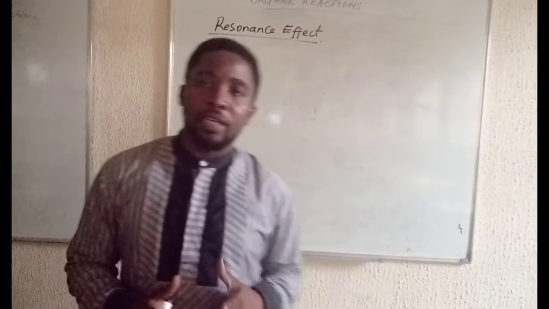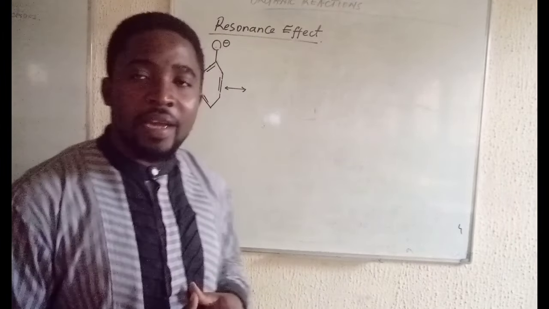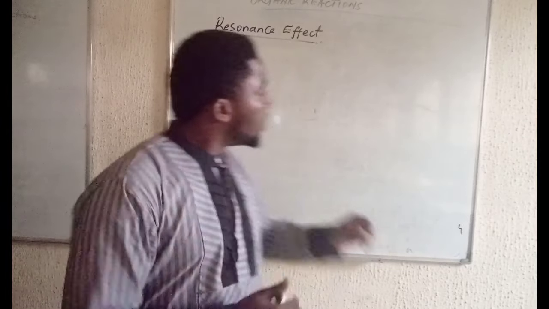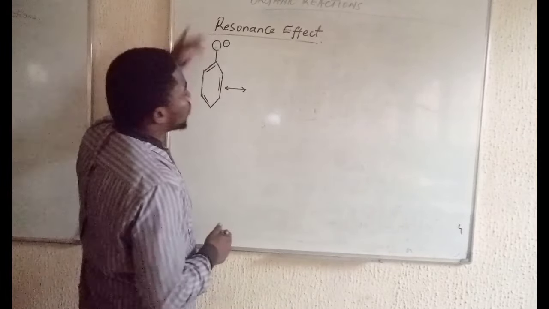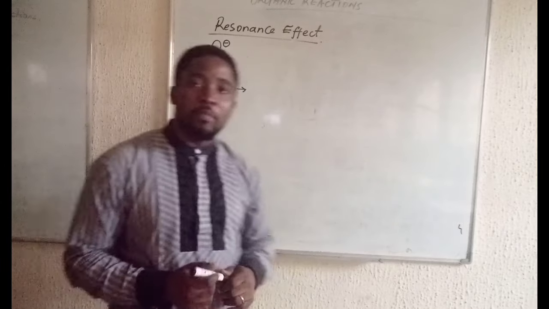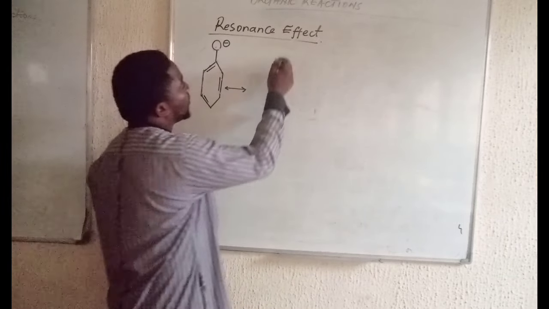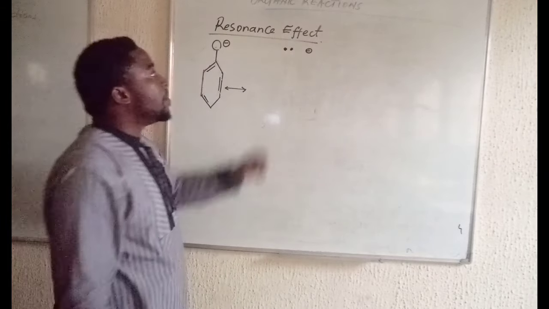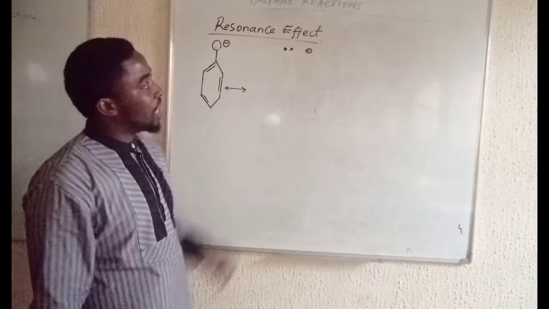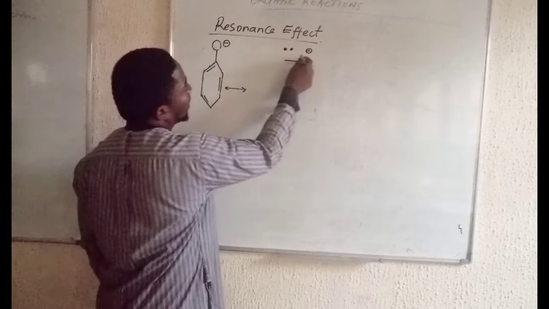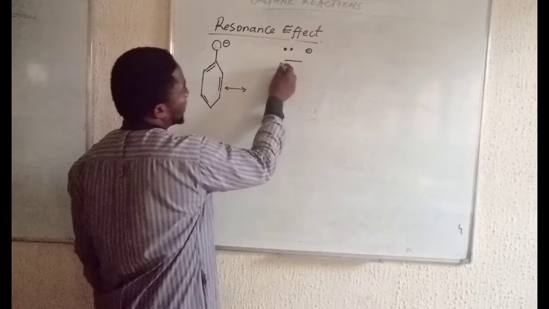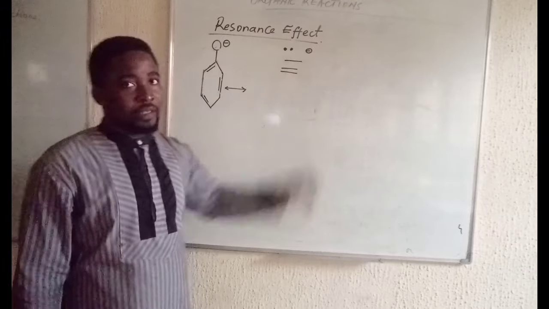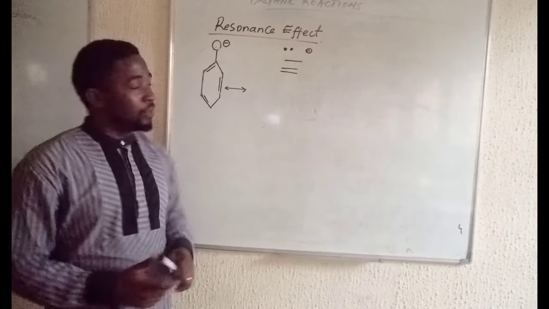I'm going to give another example of resonance effect using the phenoxide ion. Now, the condition for resonance effect to take place in a molecule is the presence of a paired electron or a negative charge, then a single sigma bond, and then a double bond, which consists of a sigma bond and a pi bond.